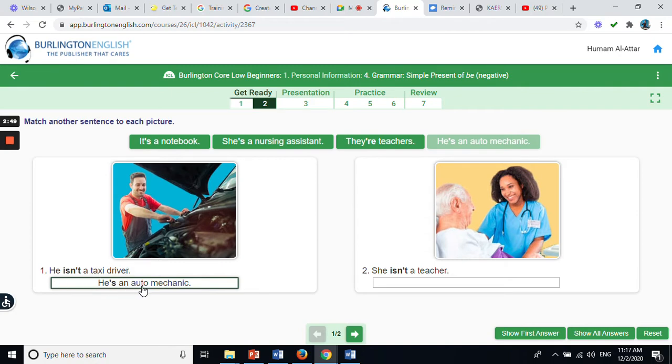He's an auto mechanic. So this is the negative form, okay? Isn't is basically is not. But here we have a contraction, okay? So we made it like one word, isn't. We put an apostrophe here instead of the o, okay?